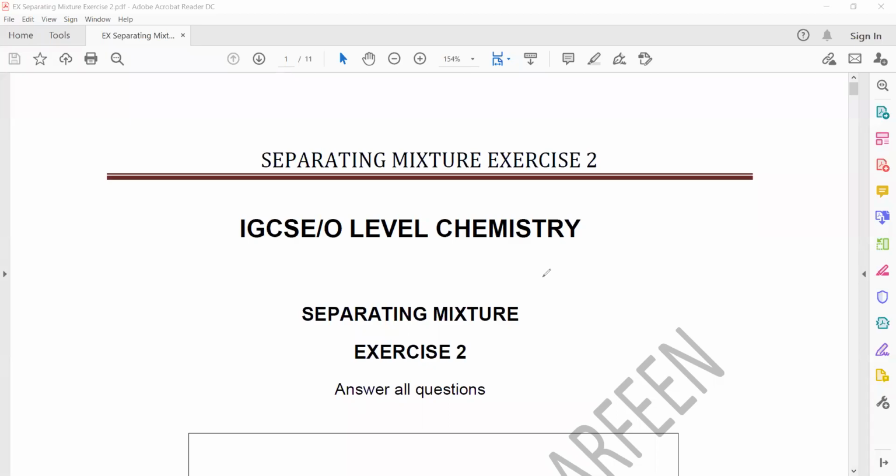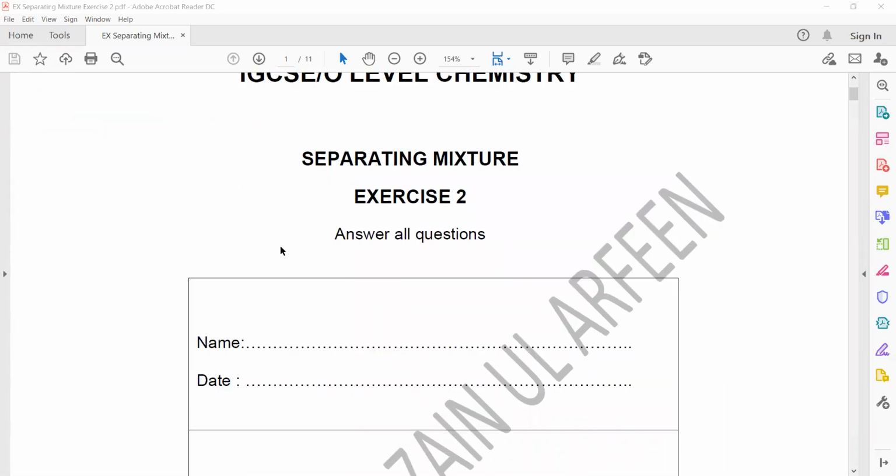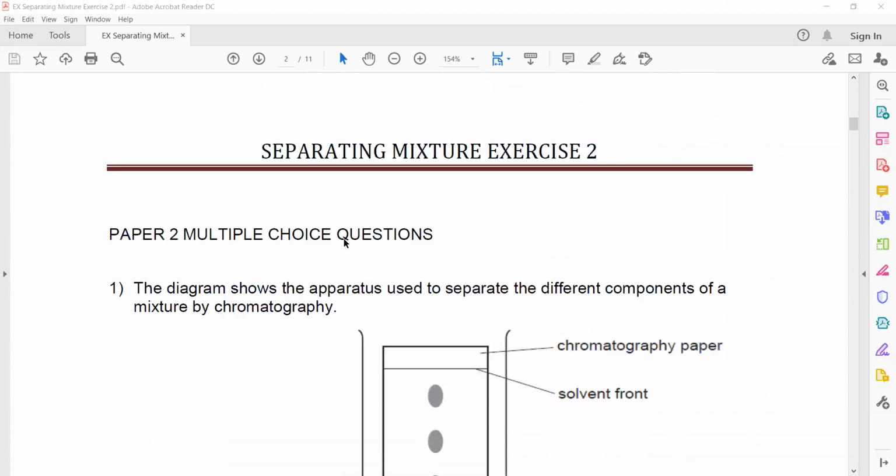First, I'll discuss any doubts if you have in exercise 2. Mention the question in which you have doubt from separating mixture exercise 2. First, in MCQs, mention the question number.